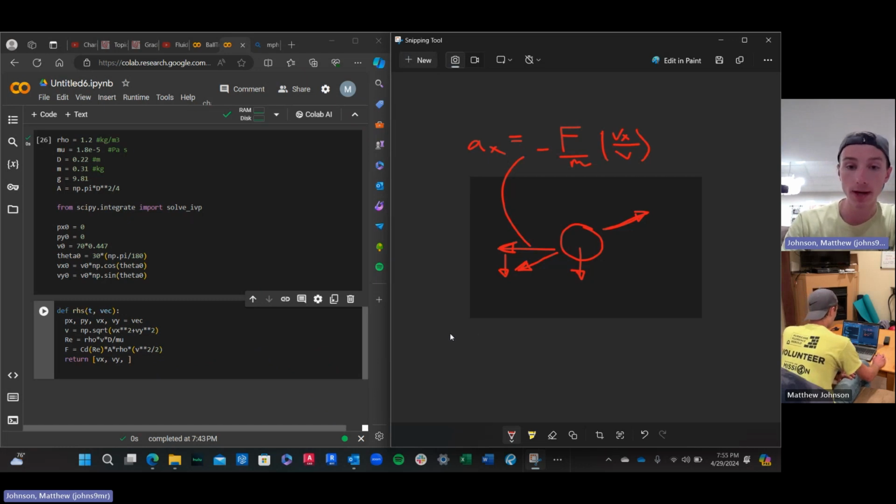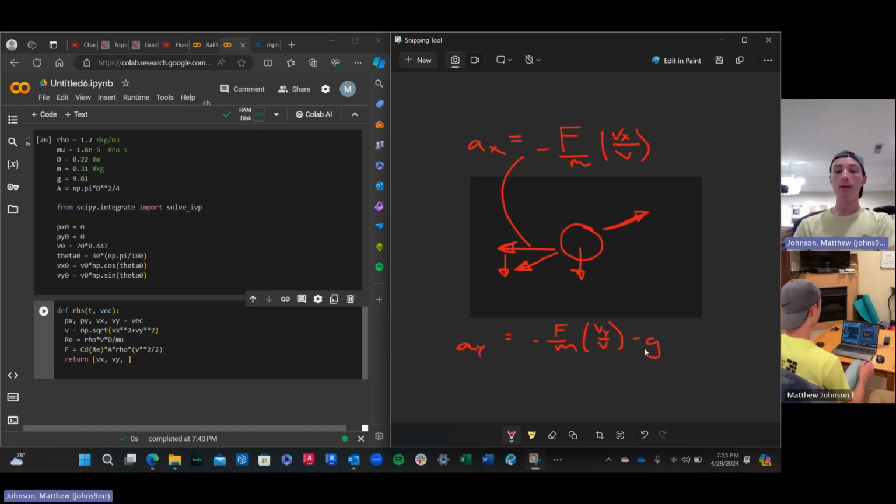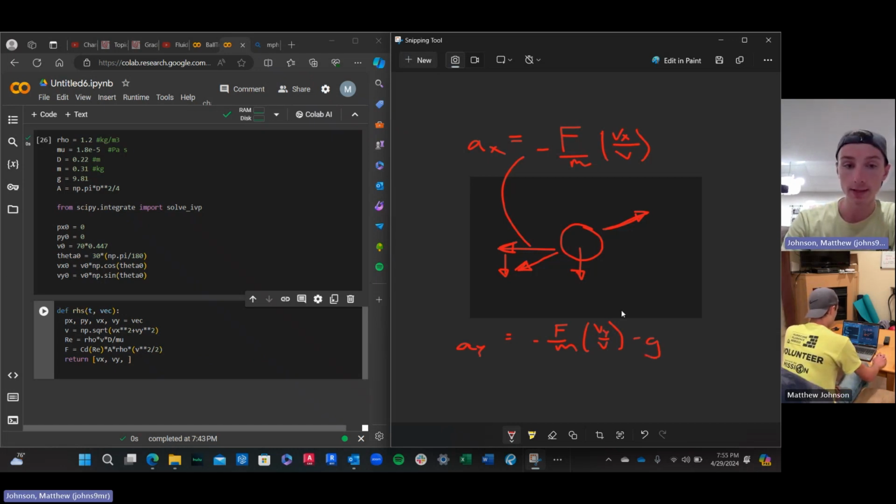Now the acceleration in the y direction, very similar. It equals minus, this F is our drag force F over m scaled to the y direction. But then we also have to take into account gravity, okay? So these two things are the last two things we want to return in our vector, and I'm just inputting them in the same order as our vector up here.